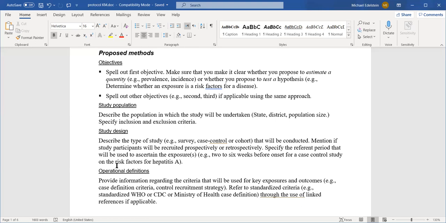If you're testing a hypothesis, that surgical approach A is better than surgical approach B, then you are determining something. You're determining whether approach A is superior to approach B. You're determining whether this exposure is associated with that outcome. But it should be a very simple sentence with a single verb.